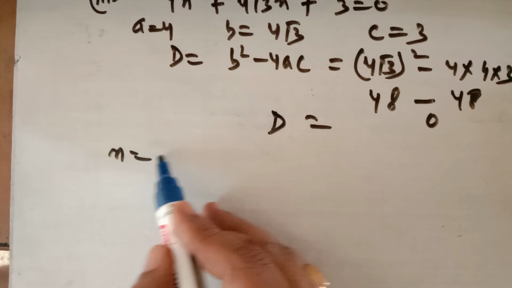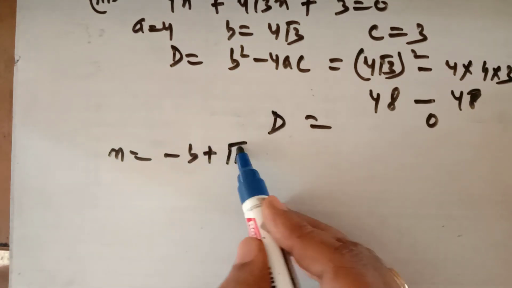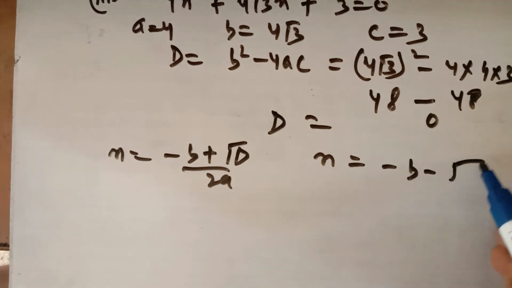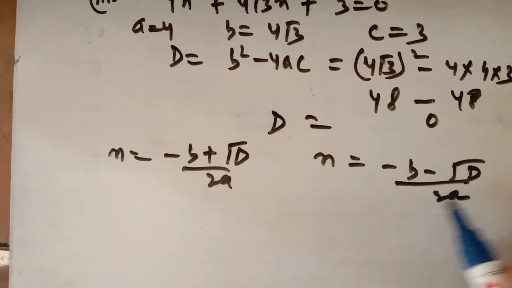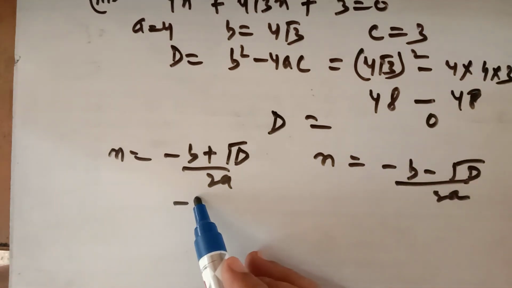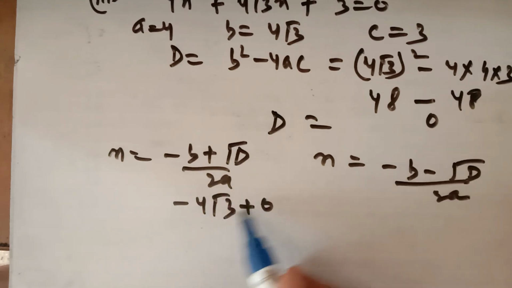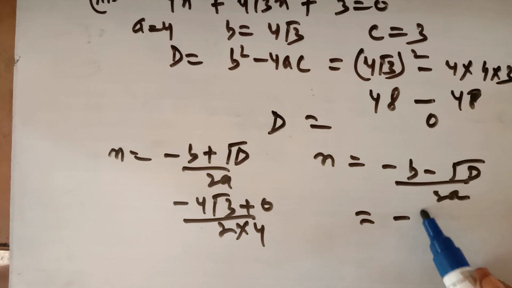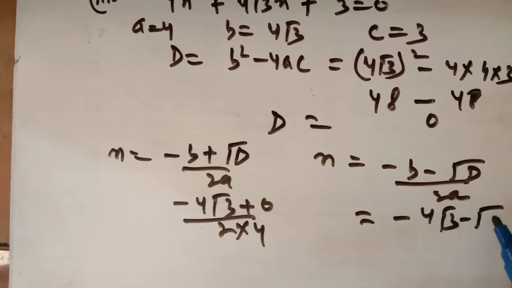So x is (-b + √D) upon 2a, this is the first root, and x is equal to (-b - √D) upon 2a is the second root. So -b is -4√3 plus 0 upon 2 into 4. The second root is also the same, -4√3 minus root 0. When the discriminant is 0, the roots will be the same.